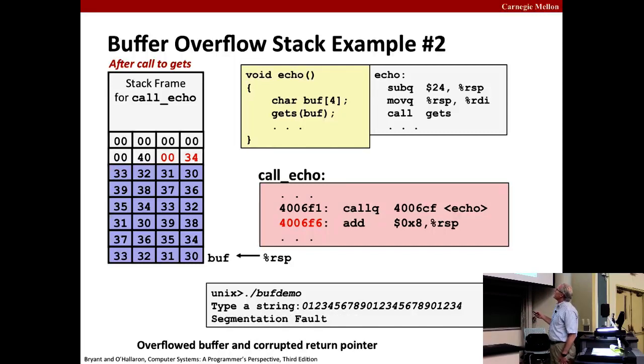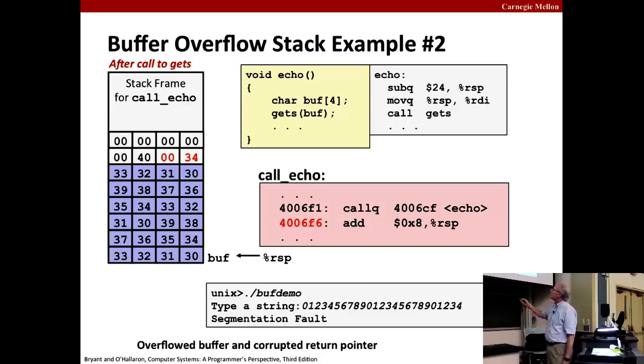But now if I type in, this is an example showing actually 25 characters. Once I go beyond the 23 characters plus the null character, you'll see what I'm slowly starting to do is corrupt the byte representation of the return address.